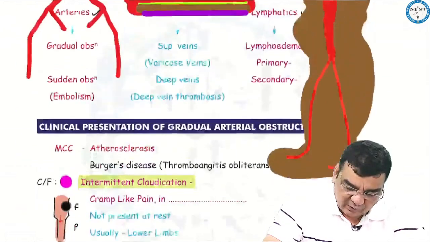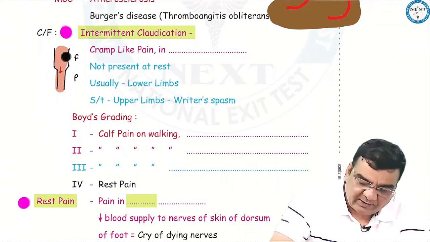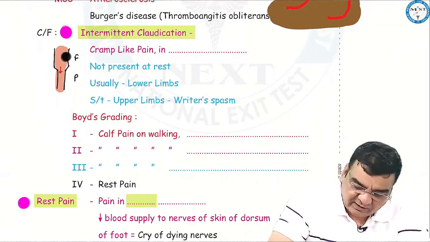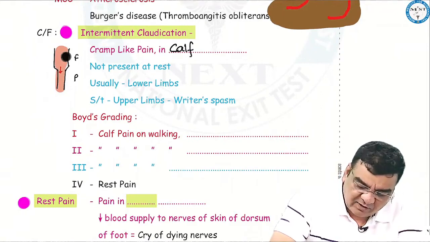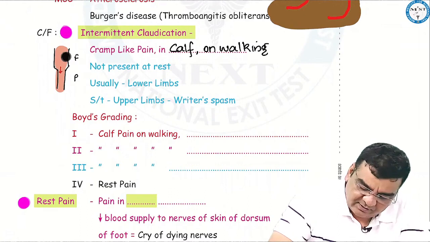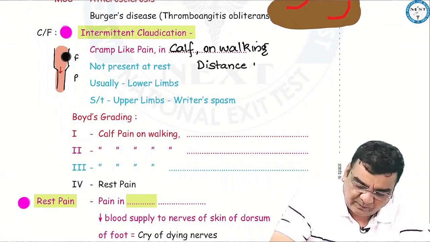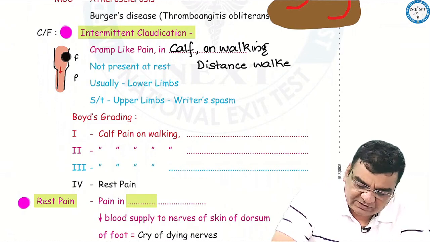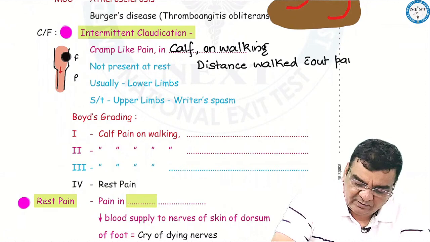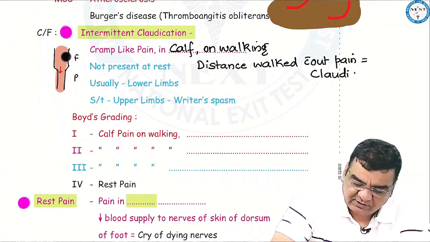right? Now, what is intermittent claudication, beta? This is a cramp-like pain which is felt in the calf on walking. Felt in the calf on walking. Distance walked without pain is called the claudication distance.